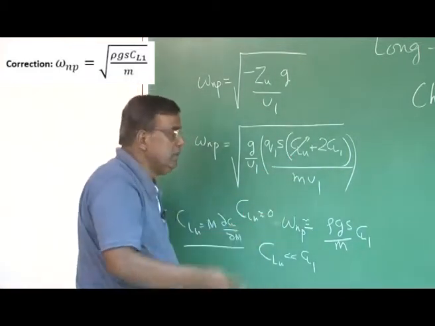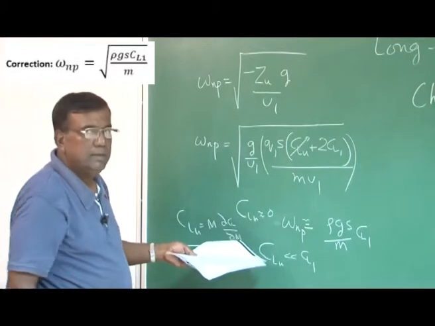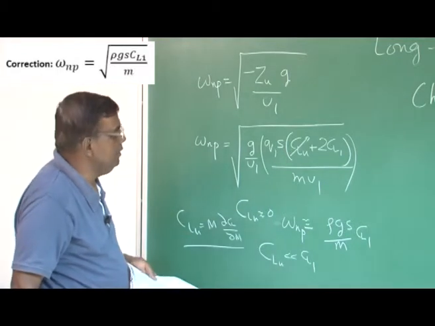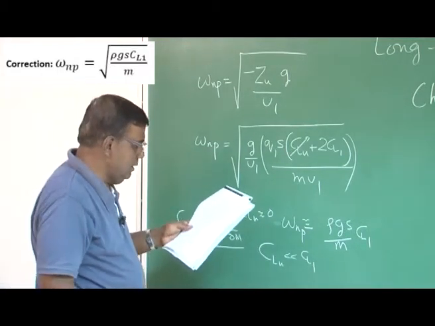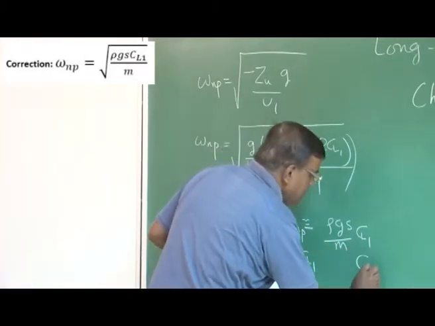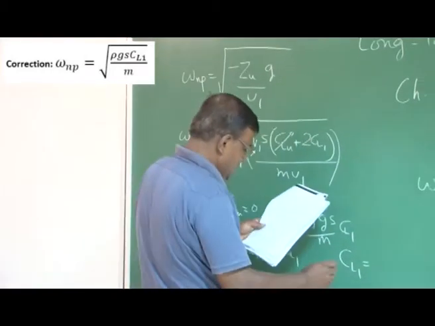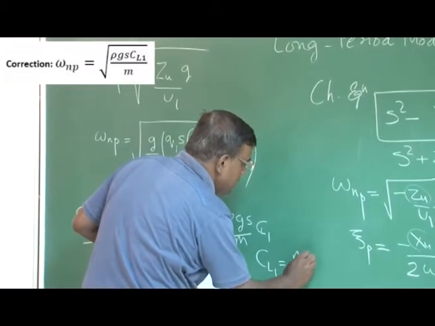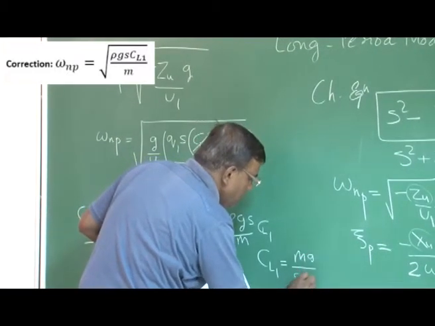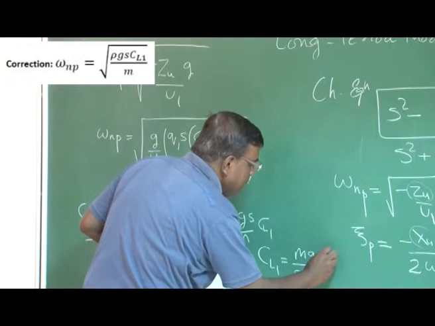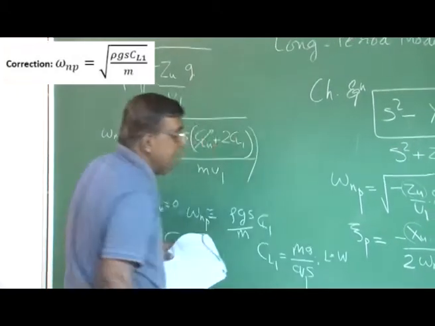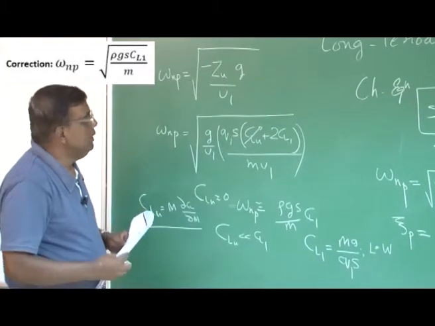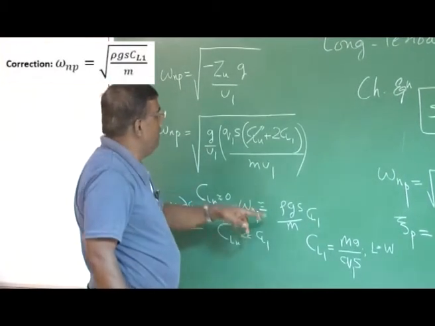So both ways you could see this, right? Second statement is better way of handling this situation. Also you know that CL1 equal to mg by Q1 S, because this comes from lift equal to weight. That is our steady state. Okay. So those two information we will use.